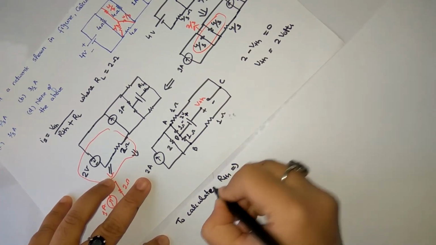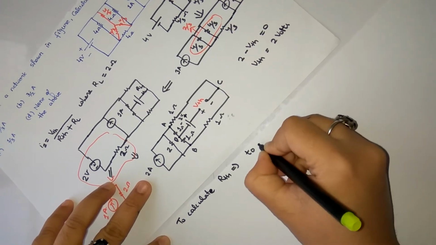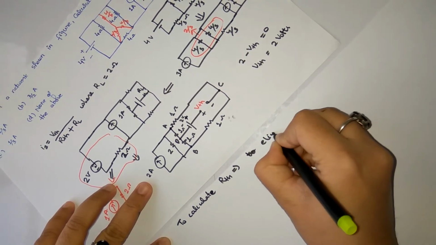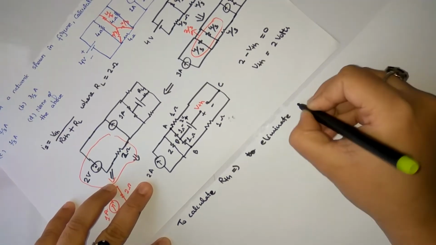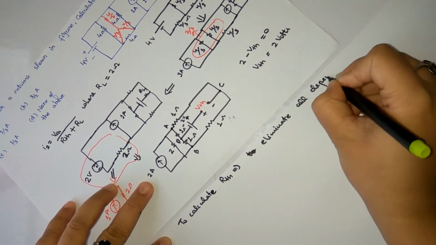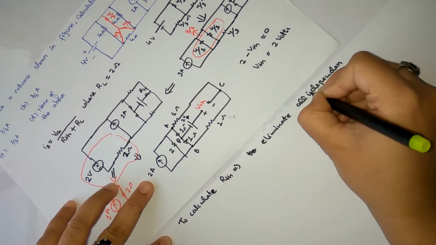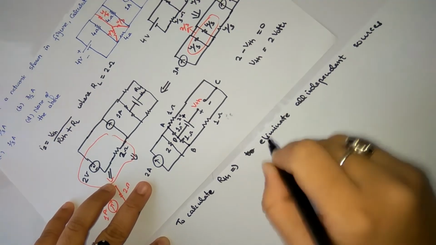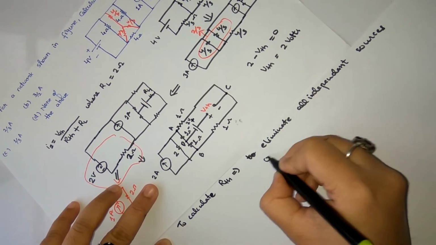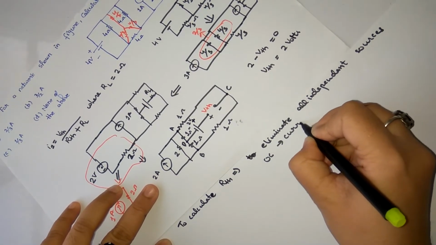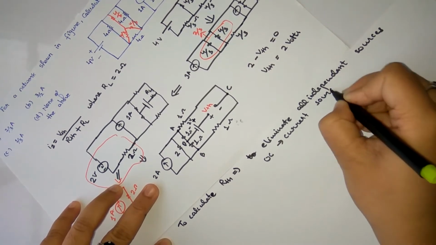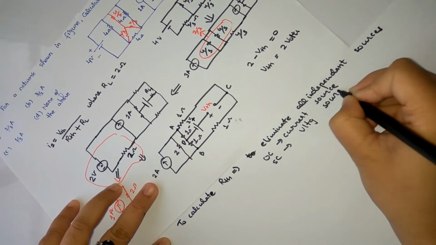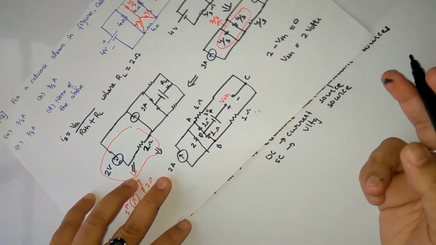For calculation of RTH, we have to eliminate all independent sources, and eliminating independent sources means we have to open circuit the current source and short circuit the voltage source. While calculating RTH, we need to take care of only these things.